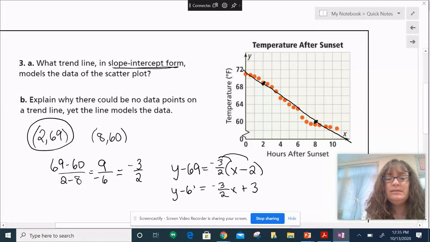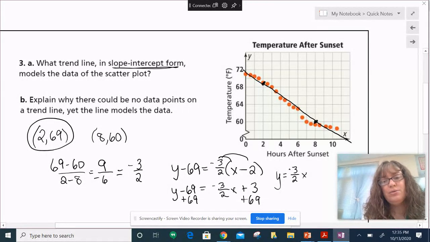So y minus 69 is equal to negative 3 halves x plus 3. I'm going to then add my 69 over to the other side, and I end up with an equation of y is equal to negative 3 halves x plus 72.